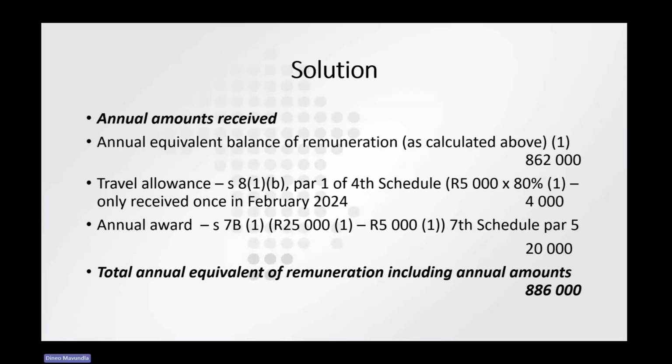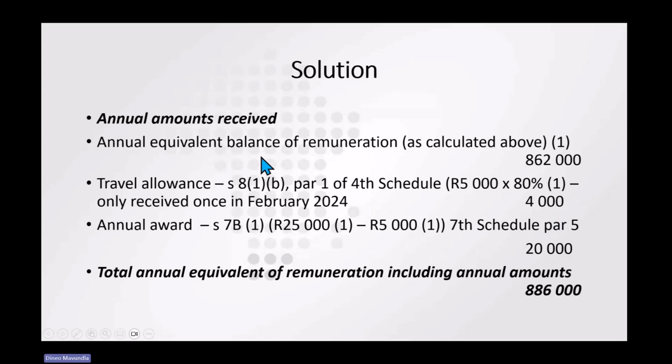Paragraph 1 of the Fourth Schedule tells us that we only take into account 80% of the 5,000 Rand that was received for the month of February 2024. So this was only received for the month of February.